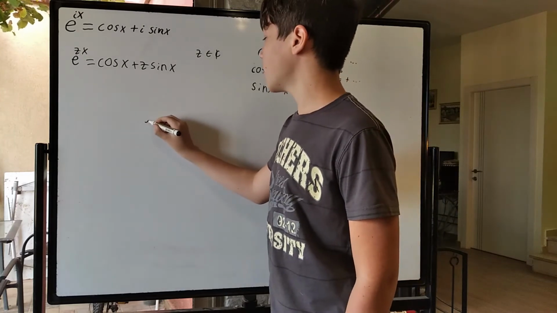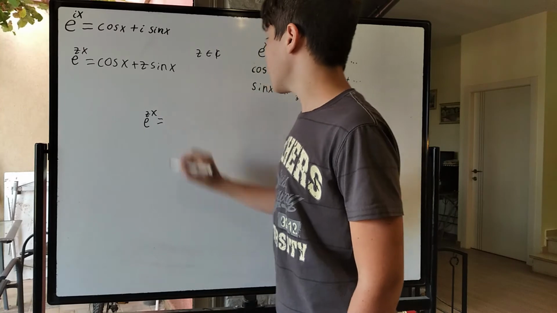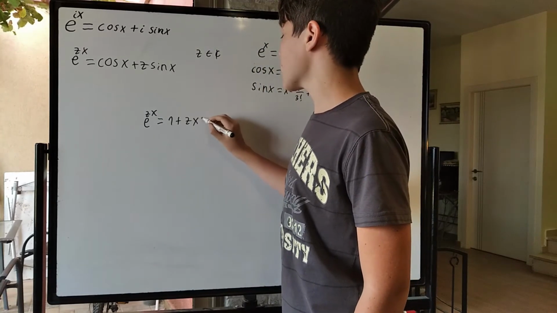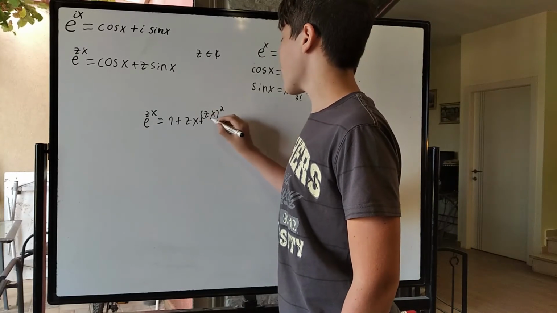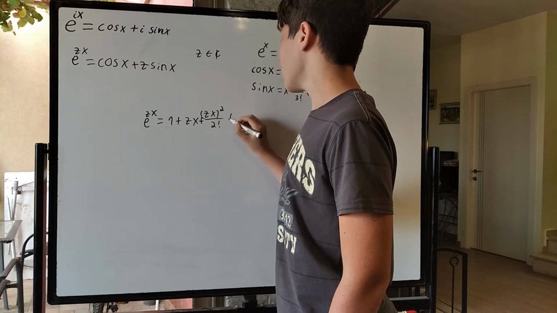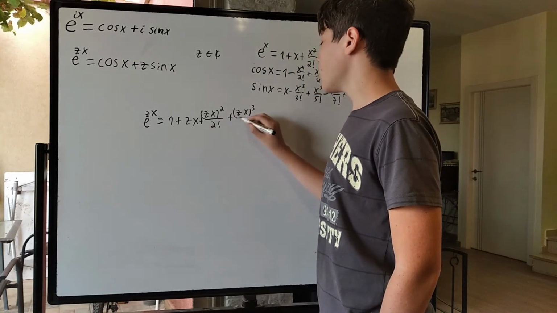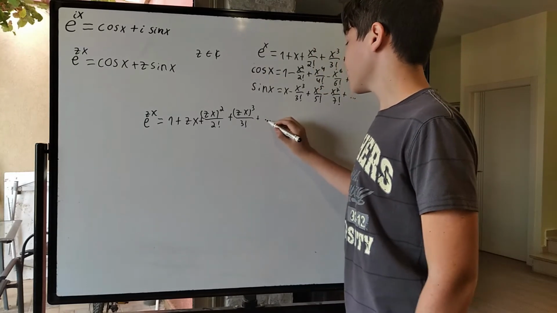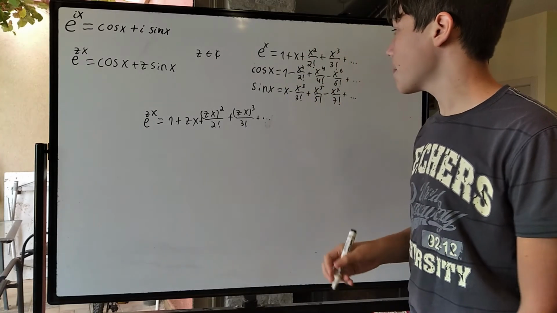So we're gonna have e to the zx equal to 1 plus zx plus zx squared over 2 factorial plus zx cubed over 3 factorial, and so on. All we're doing is substituting z times x into here.